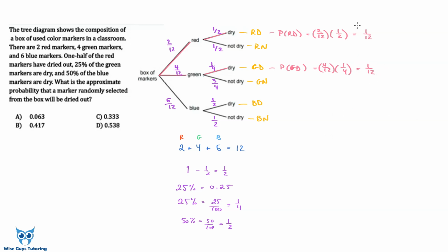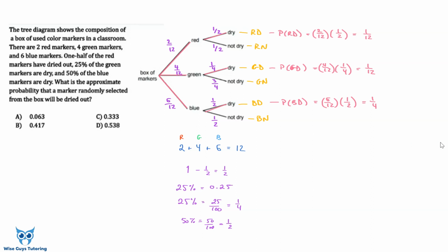Here's another one. You can have blue and dry. We get the probabilities along the branches and multiply those. So here's blue dry. We get 6 over 12 and then 1 over 2. And if you punch this in, you'll get that this is 1/4.